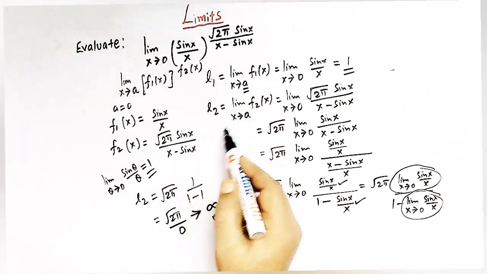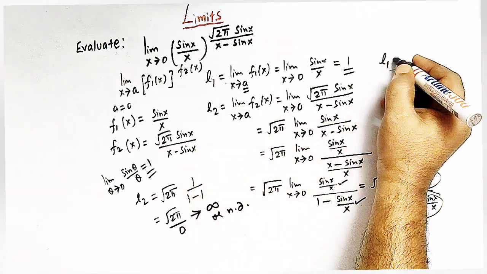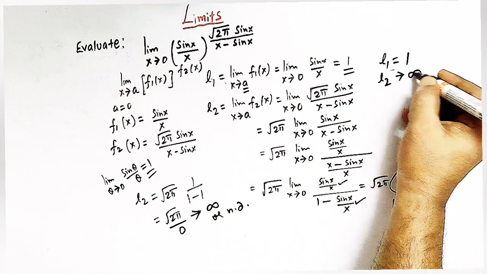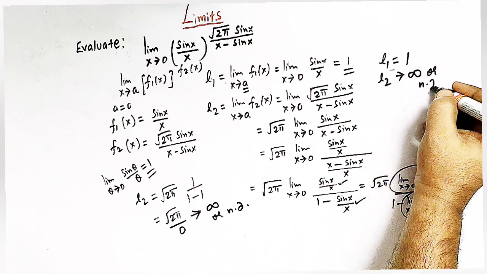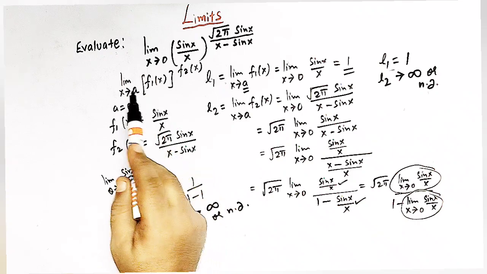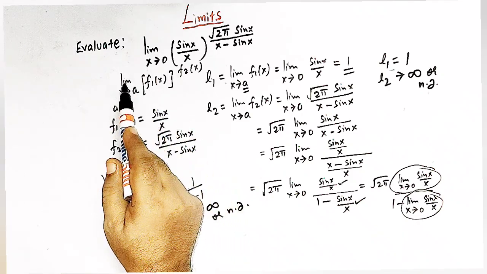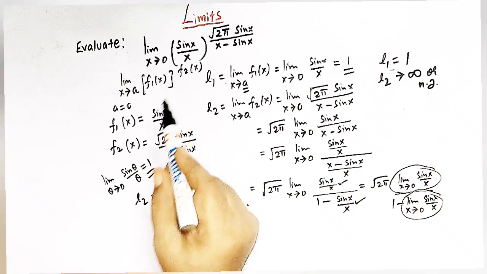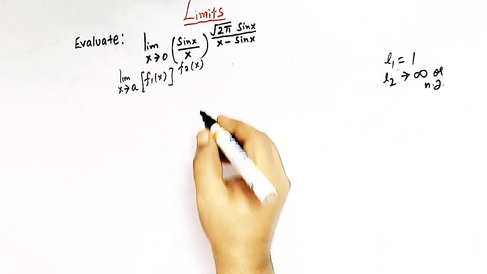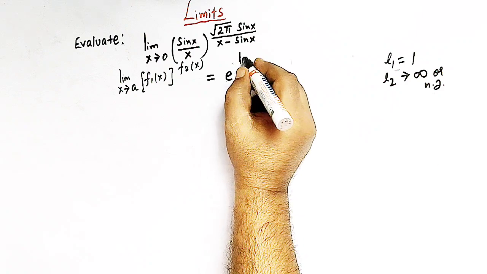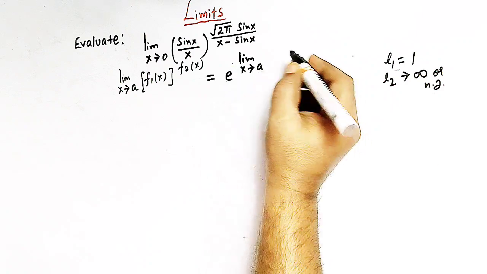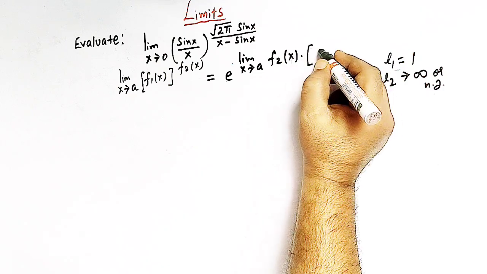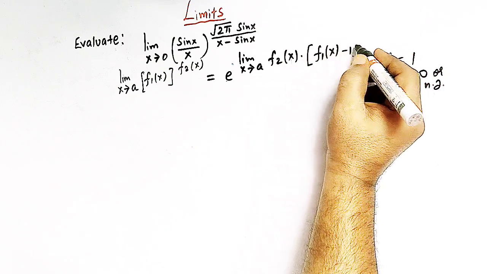So viewers, we have seen that the limit L1 is equal to 1, and L2 tends to infinity or not defined, right? So therefore the value of this limit, that is limit x tends to a f1(x) raised to f2(x), is given by e raised to limit x tends to a, and here we have f2(x) multiplied with f1(x) minus 1.